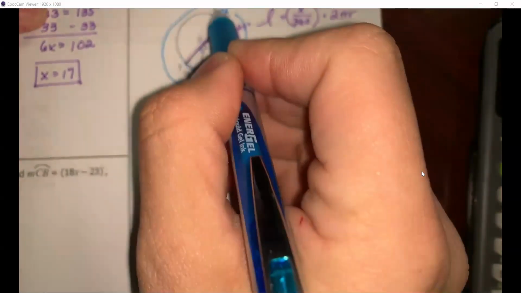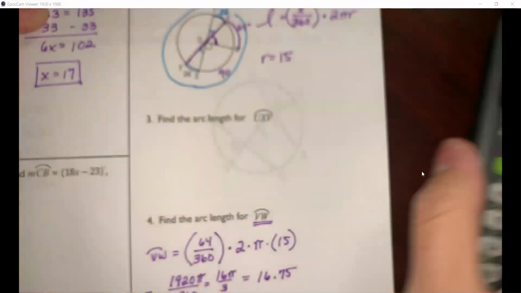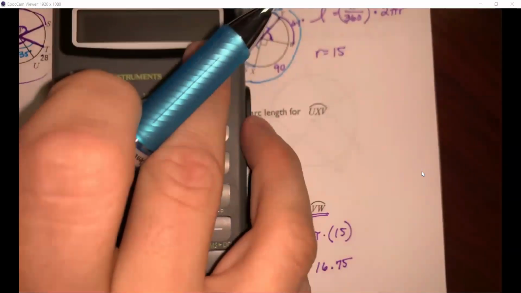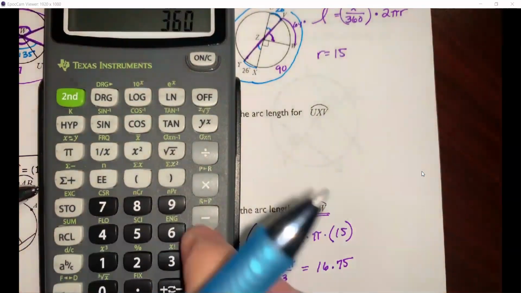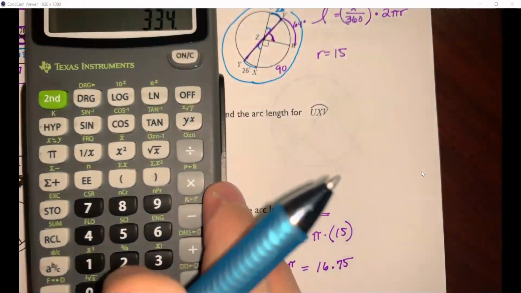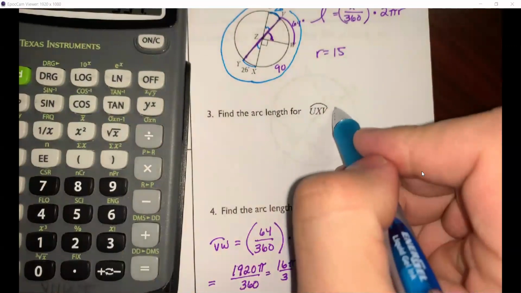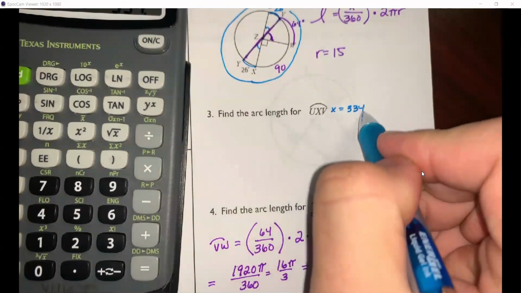I know that this angle is the same as that angle, and if this arc measure is 26, so is that one. So if I want to know the arc measure of UXV, I can do 360 minus 26. So I know that X over here is equal to 334.